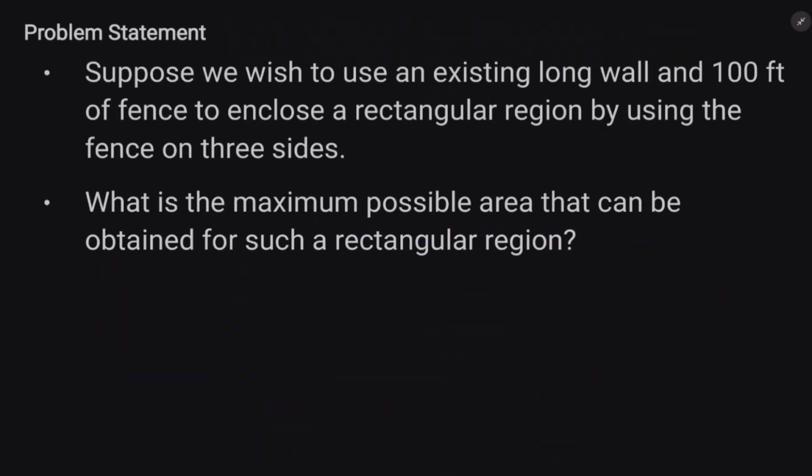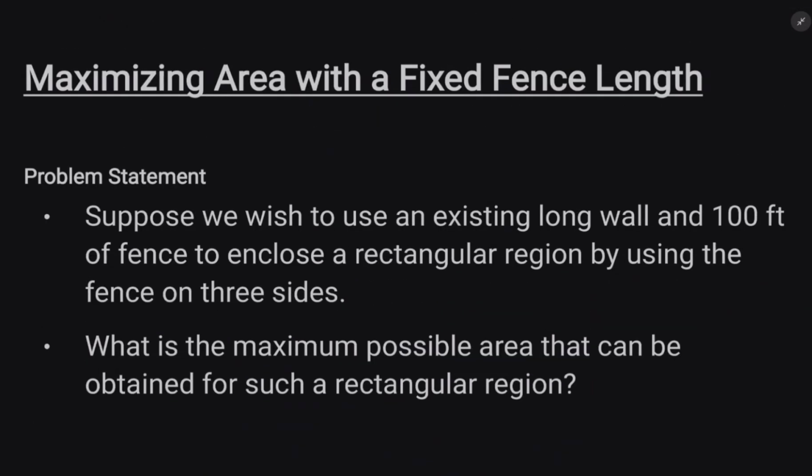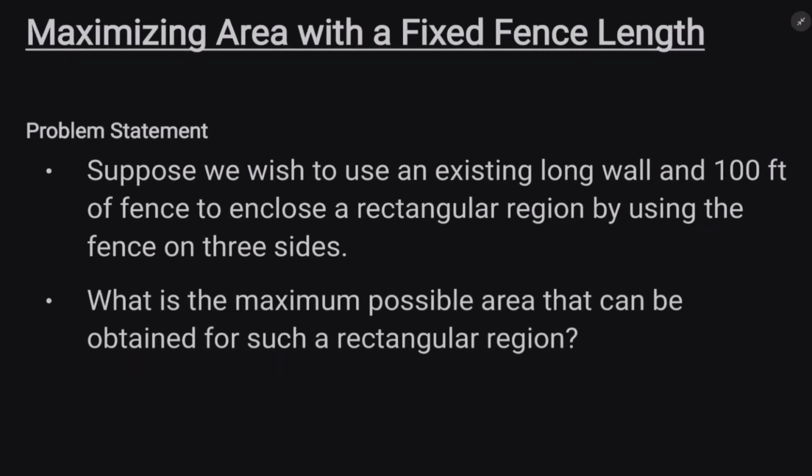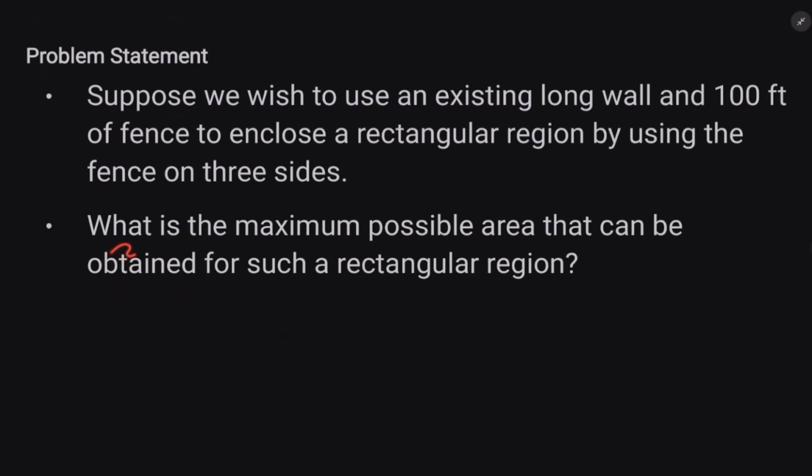Okay, let me just rephrase it for you. When you look at the question, you can divide it into two parts. The first part is the information that is given to you, and another part is what is required from you in the statement.